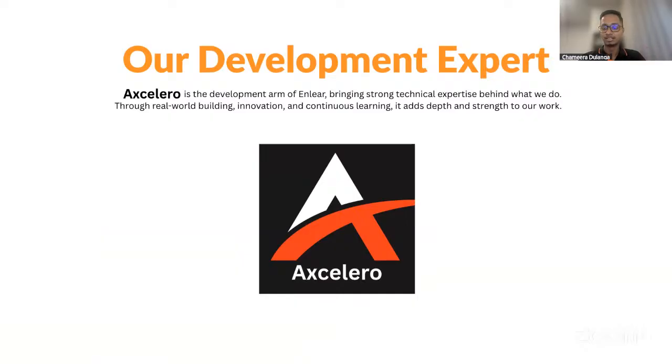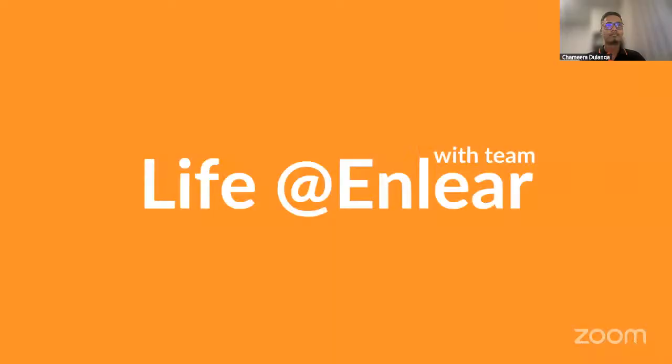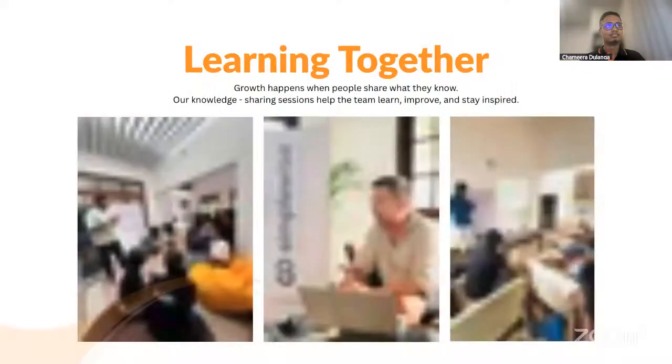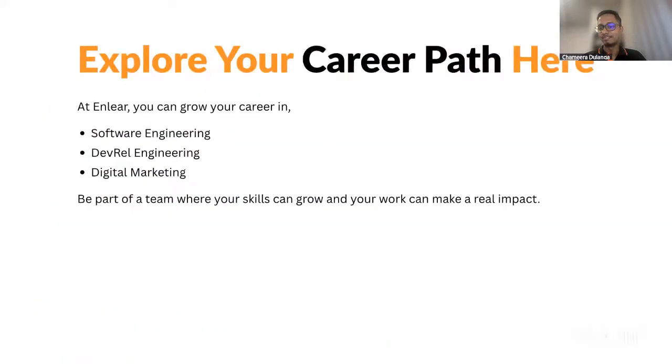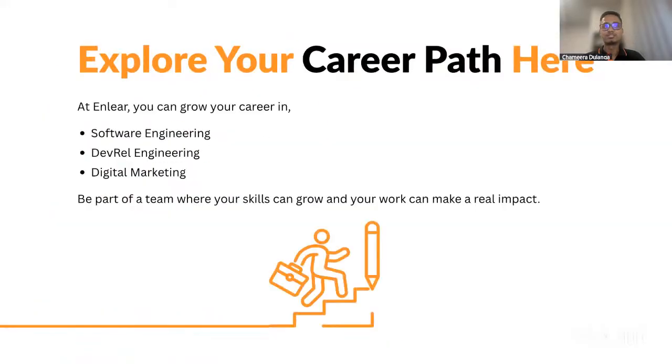We are working on 4 to 5 Norwegian projects at Accelero. Anything related to software engineering goes with our development arm, Accelero. At Enlia, we provide career paths for DevRel engineers and digital marketing, and at Accelero, our engineering arm, we provide career paths for software engineers. That's a basic understanding of our company structure.